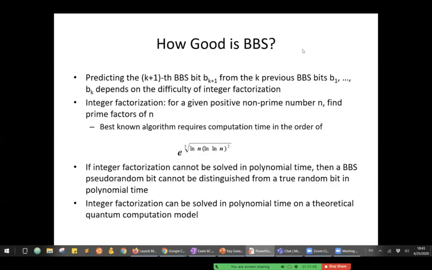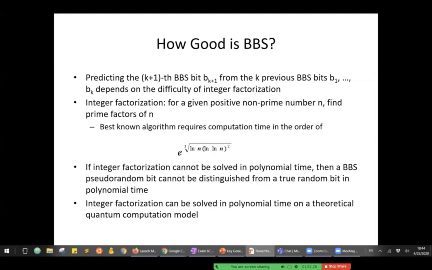All right, so we have talked about two pseudo-random number generators. The first one is the ANSI standard. We can use that with 3DES to generate secret keys of 64 bits long.